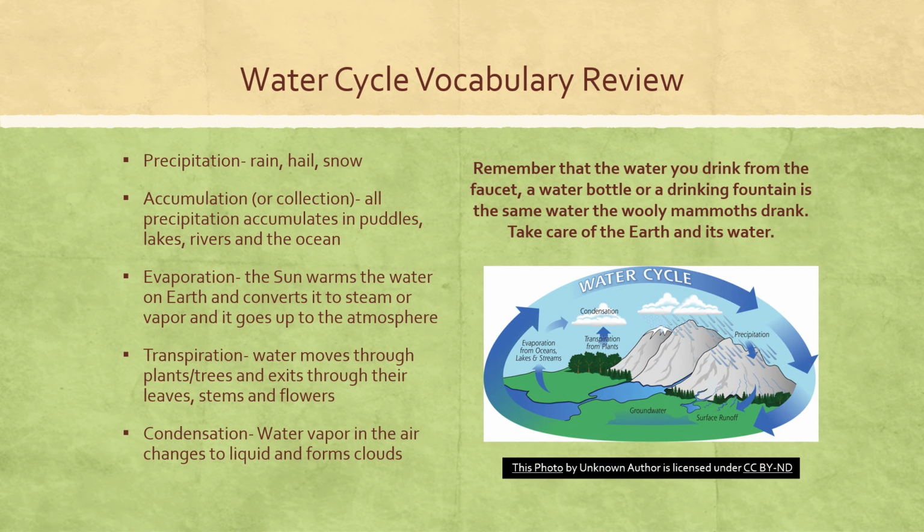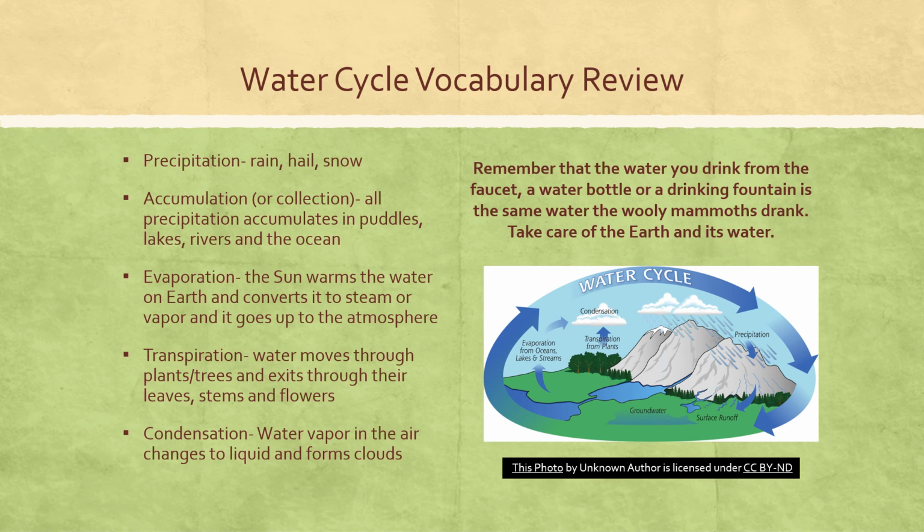Here are the important vocabulary words. Precipitation is the same thing as rain or hail or snow. Accumulation is the same thing as collection. That means that all of the rainwater or precipitation gathers in puddles, lakes, rivers, the ocean. Next, evaporation. The sun warms the water on the earth and converts it to steam or water vapor.